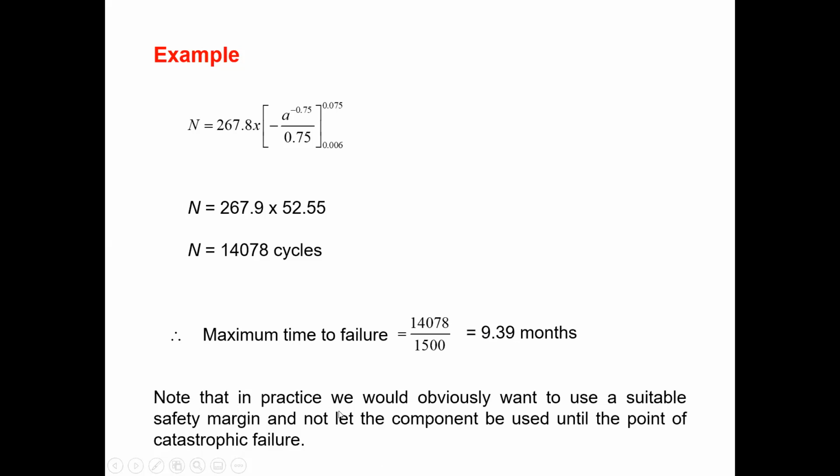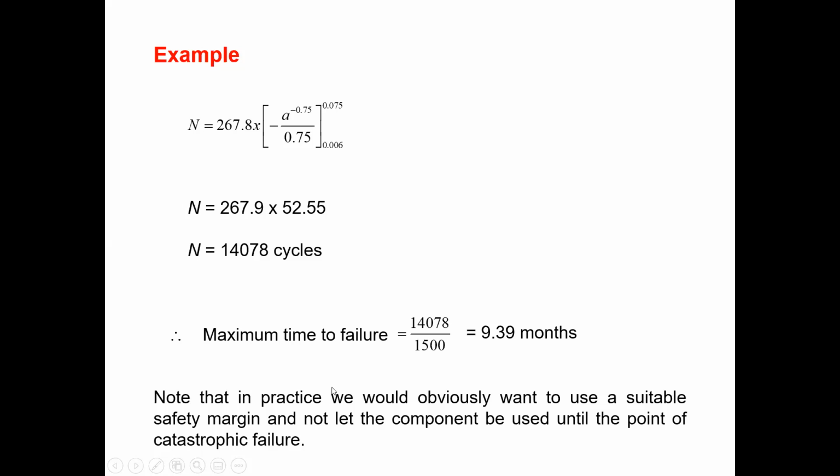Note that in practice, we would obviously want to use a suitable safety margin. So we can't use it until 9 months and 11 days. So we need to replace it within 8.5 months. That is a safe margin. Do not let the component be used until the point of catastrophic failure.